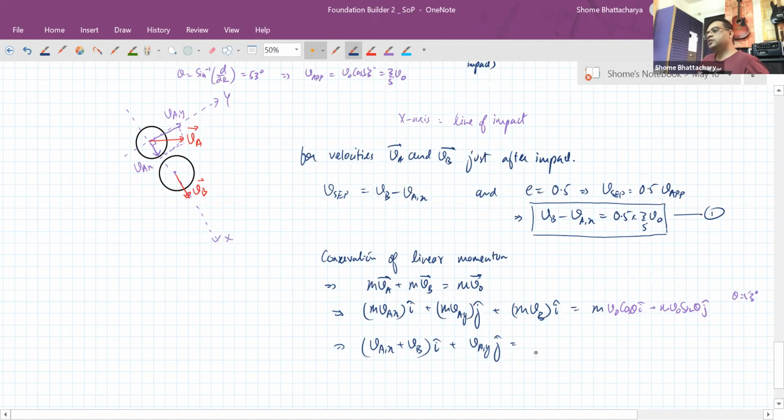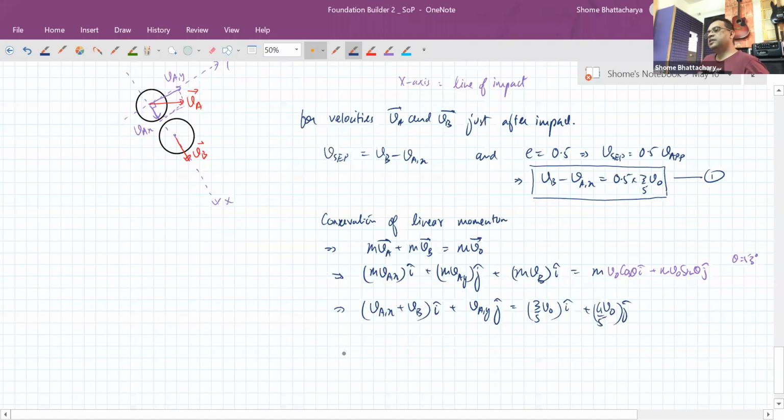So cos 53 is 3/5. Plus V0 sin theta, sin 53 is 4/5. So this vector equation, when I compare both the sides, I get two scalar equations from the components. So this is like my third equation or second equation, let's say. And my third equation will become comparing the y components, which will directly give me VAy.